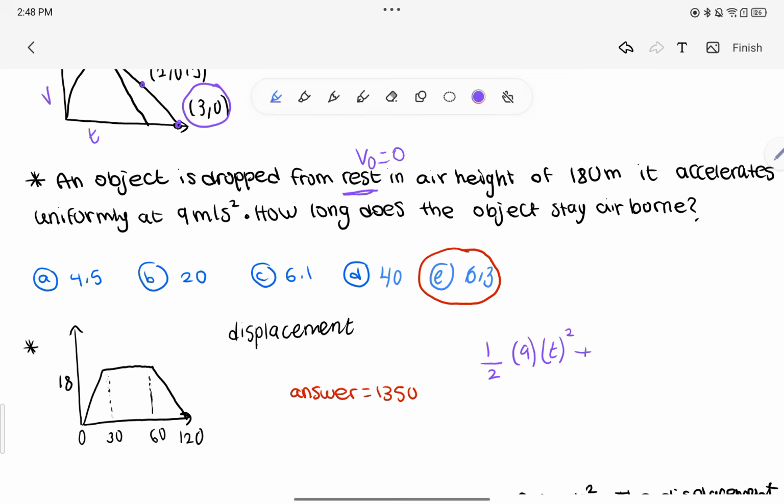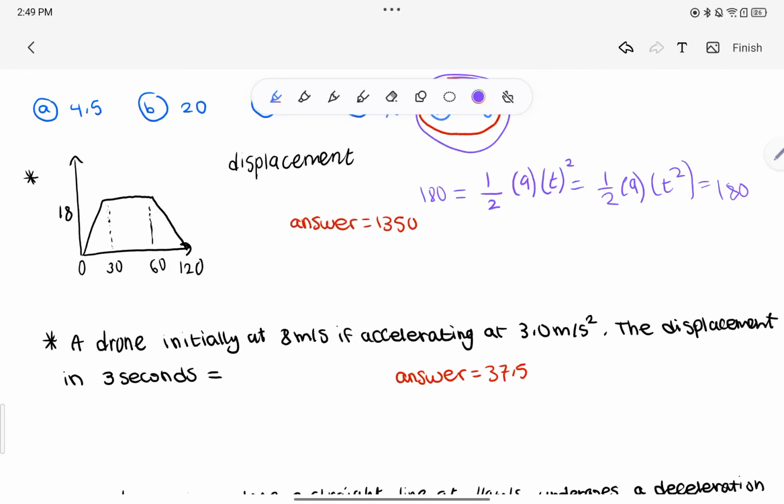So v initial is 0 and times t, it will be 0, so we just don't use it. So 180 equals 1 over 2 a t squared. When you put this on the calculator, you're going to get 6.3.